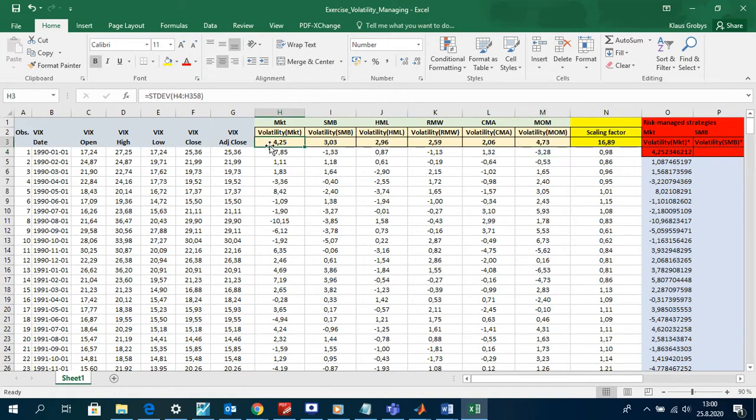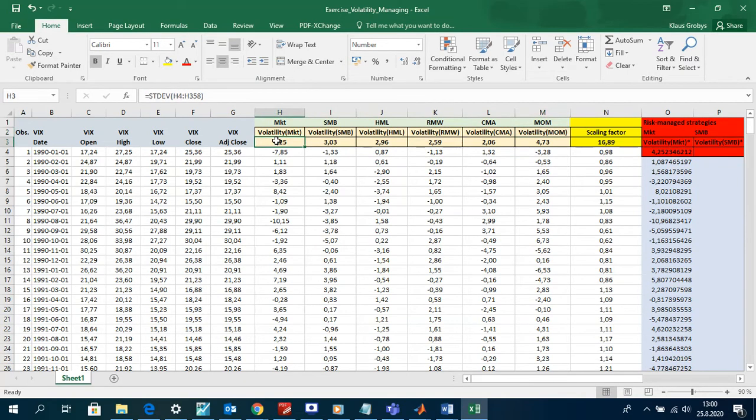In this row we see the volatility of the market factor in the sample period, and this 3.03 is the volatility of the size factor. So what you see in this row are the corresponding volatilities of these risk factors.